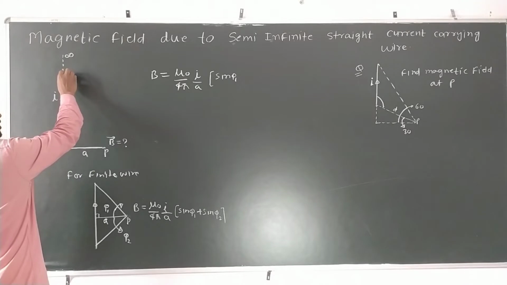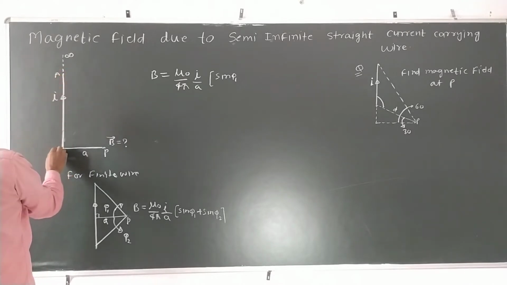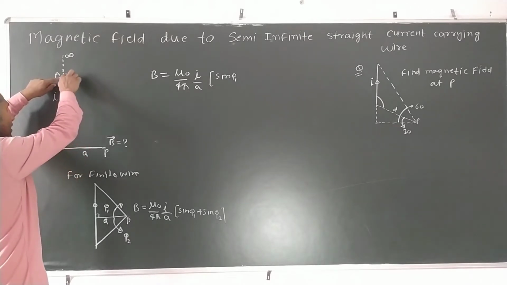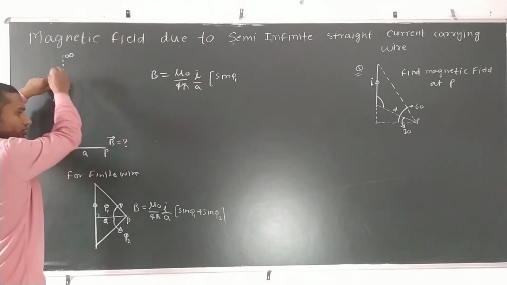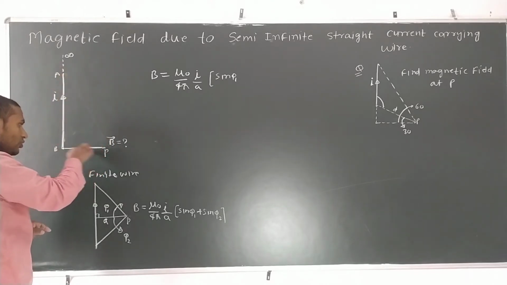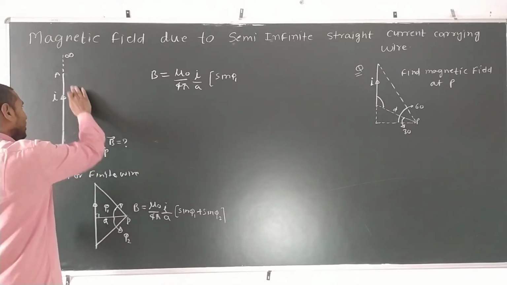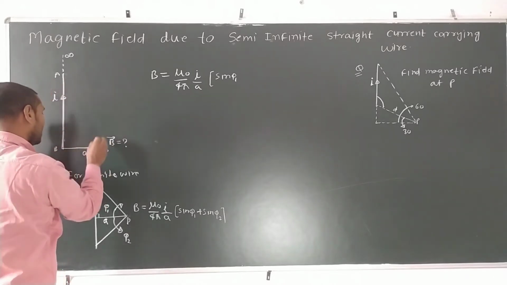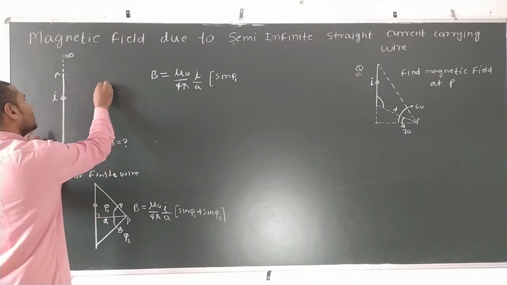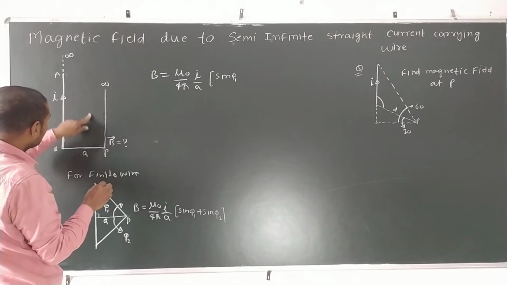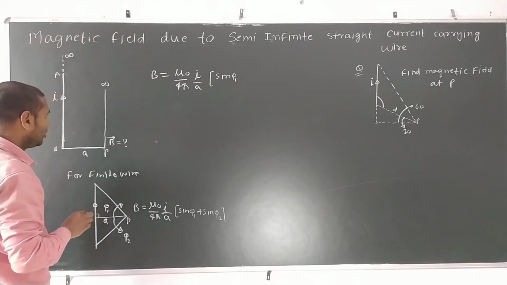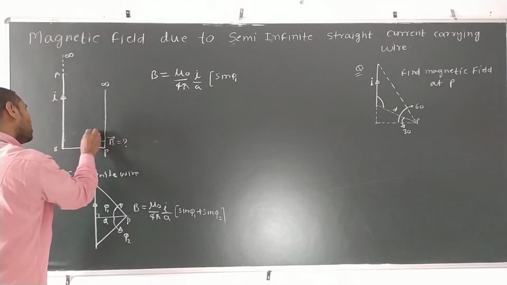Suppose this end we call A and this end we call B. So phi 1 is the angle between the line joining end A and point P, and the perpendicular distance A. This line will connect at infinity, because this end is also at infinity.